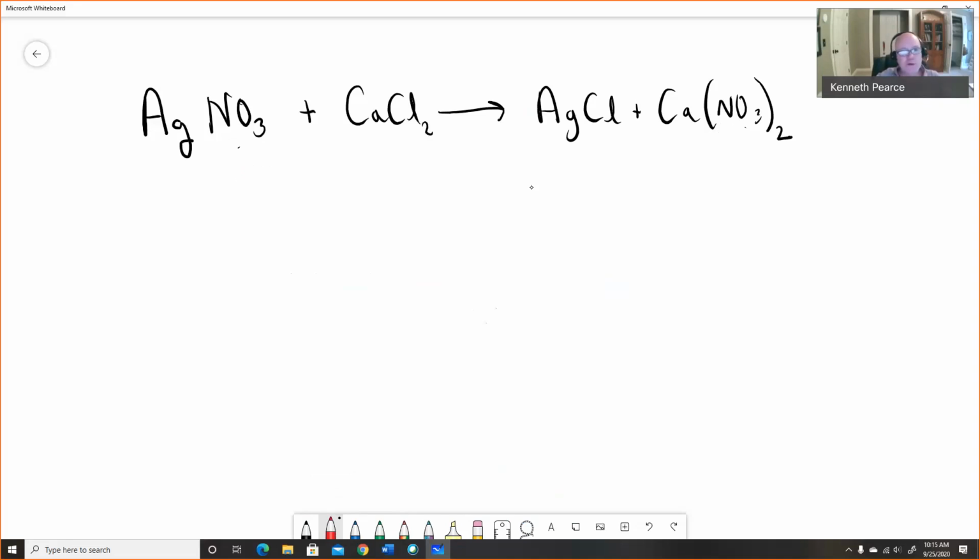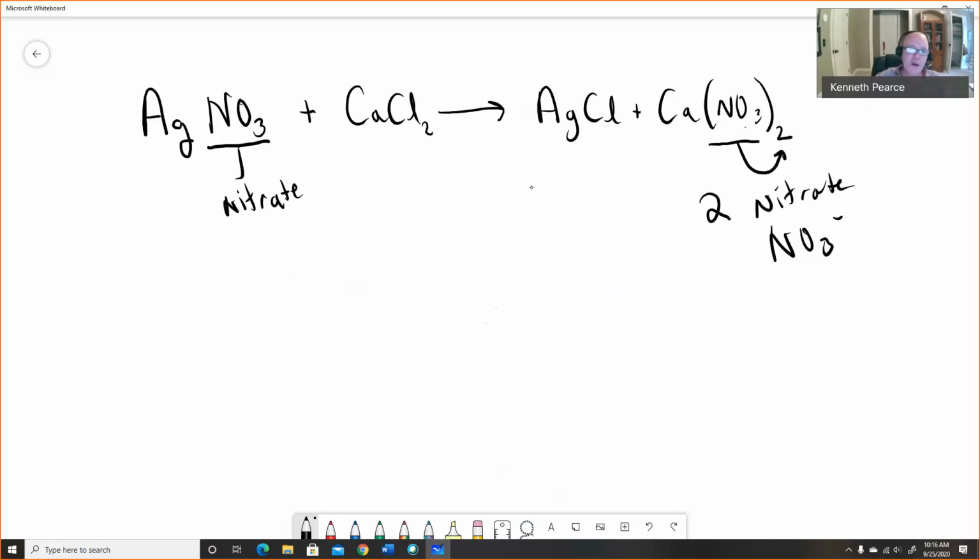Now we can look at this equation and balance it left to right. I have one silver. Okay, I have one silver on the right hand side too. But I have one nitrate ion on the left, and I look over here and I have two nitrates, NO3 minus. And so therefore, to get the nitrates to balance, we have to put a 2 in front of the silver nitrate.